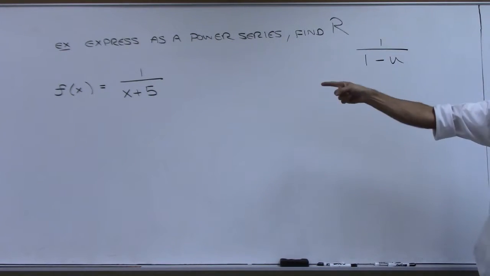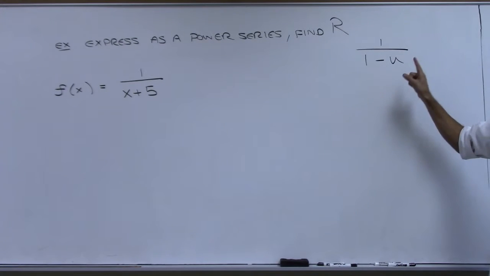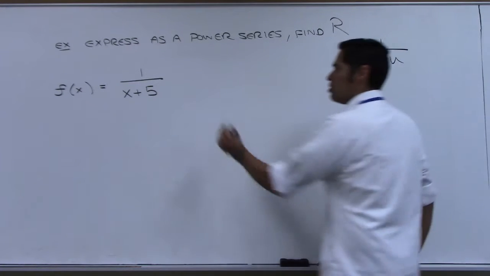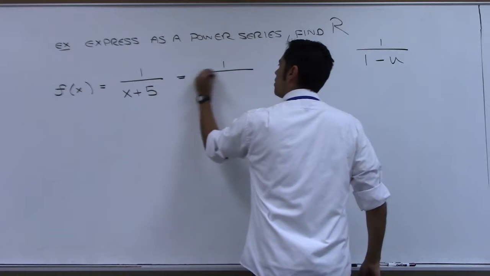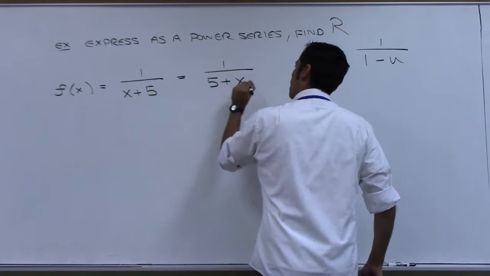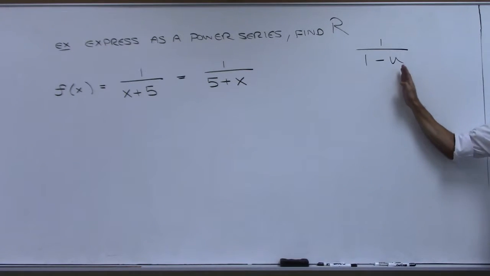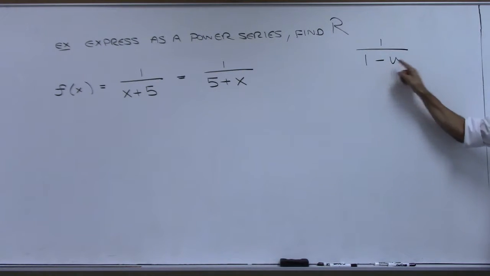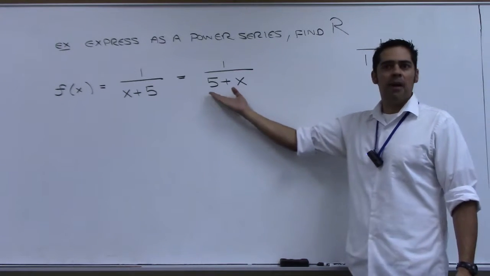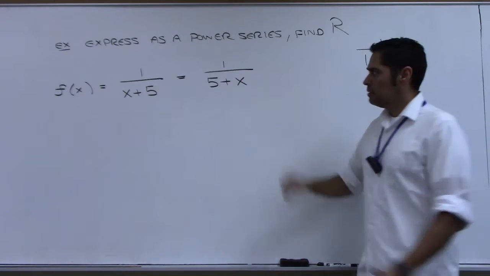So the question is, can I rewrite that to look like this? Let me show you. First, let me just change the order on the bottom. I'm going to put my variable on the right side because in this form, the variable u is over here, right? I have a 1 minus u. Mine is not even close, right? 5 plus x. What about this?